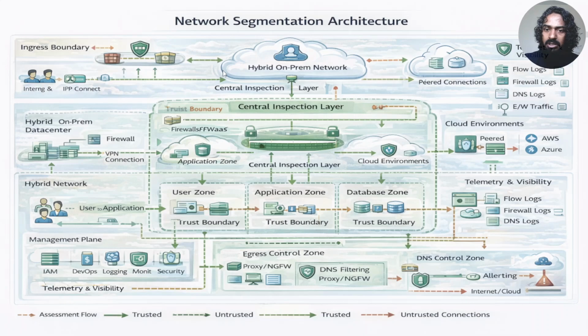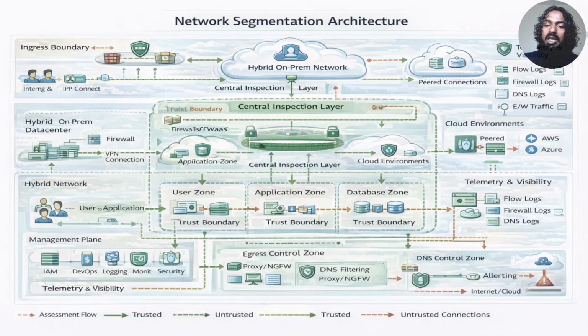So if you see here, this is a hybrid environment, on-prem plus cloud, right? So what we have here, if you see, internet ingress, on-prem data center, your cloud environment, hub and spoke networking, you have your central inspection, segmented workload zones, even your unified telemetry.